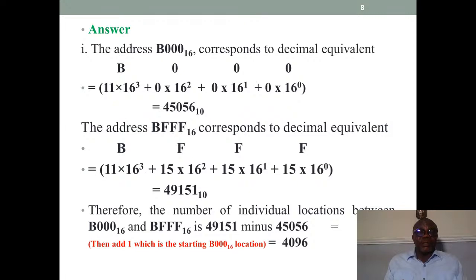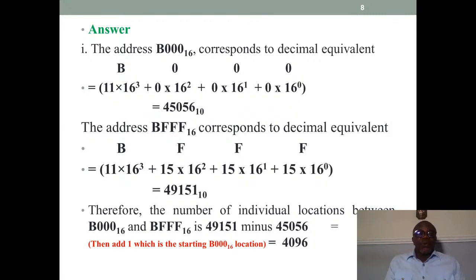We say, therefore, the number of individual locations between B000 base 16 and BFFF base 16 is 49151, that is the last address, minus the beginning one, which is 45056. If we subtract that, it gives you 4,095 different locations.